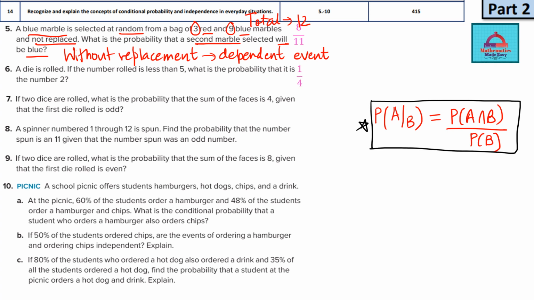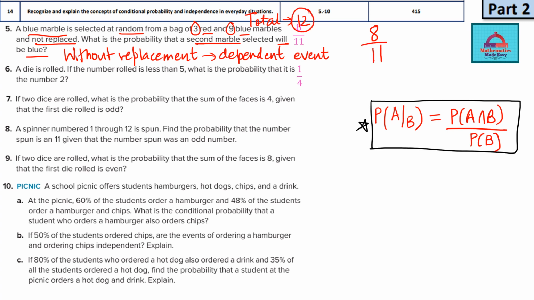So after we draw one blue marble, how many marbles will be left for the second time? One blue is gone, so 8 will be left, and one blue is already gone and it is not replaced, so total left after the first draw is 11.